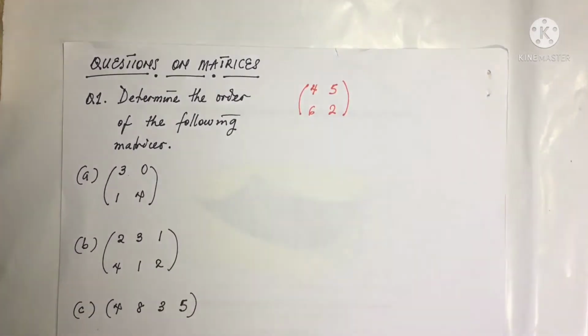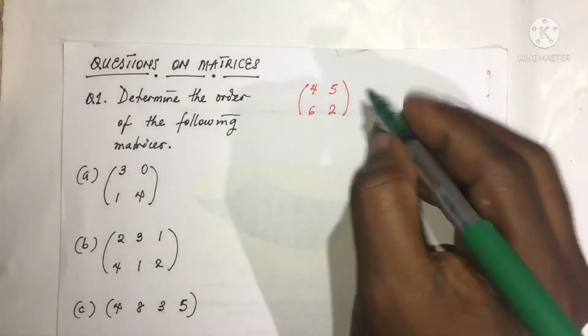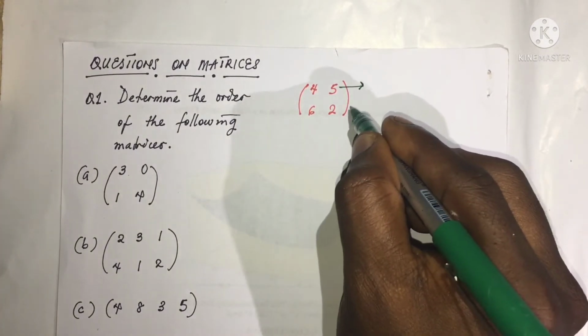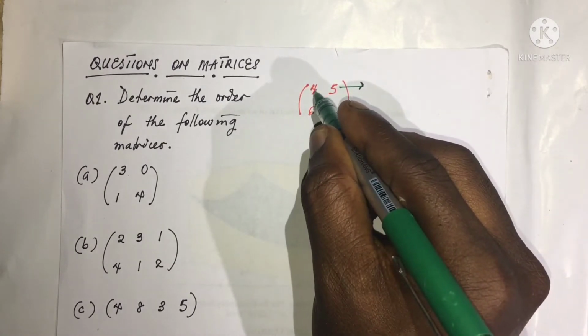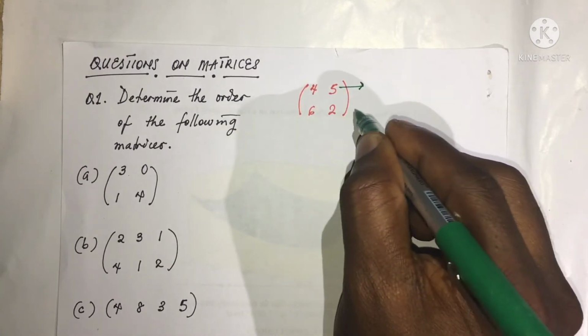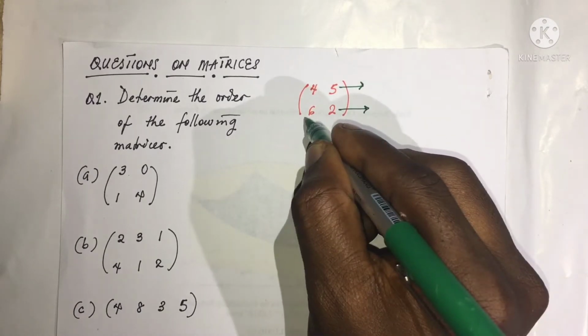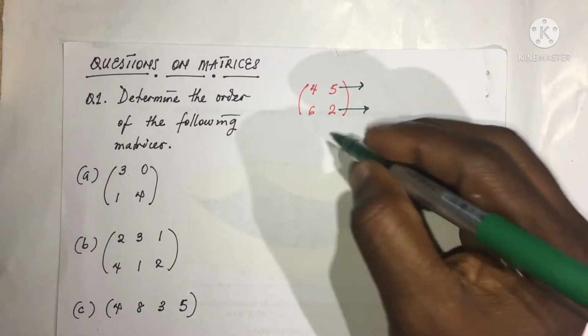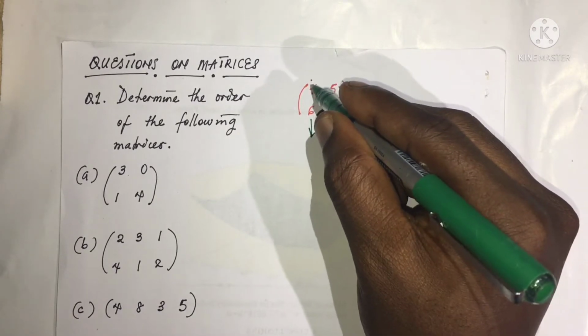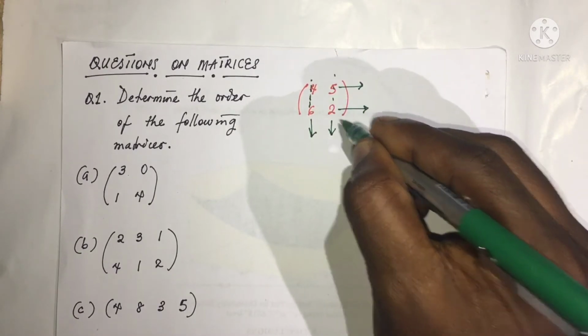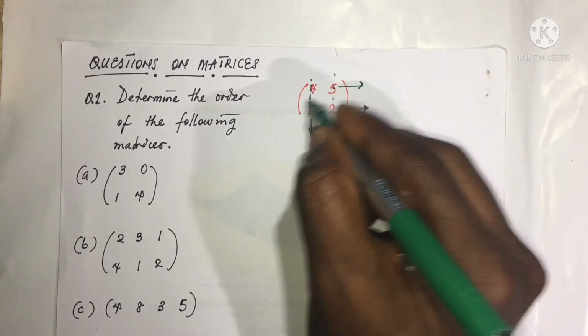Precisely, this is a row, and in this first row you have two elements, 4 and 5. In the second row you have two elements, 6 and 2. Similarly, the whole of this and the whole of this are columns, just like these are rows.